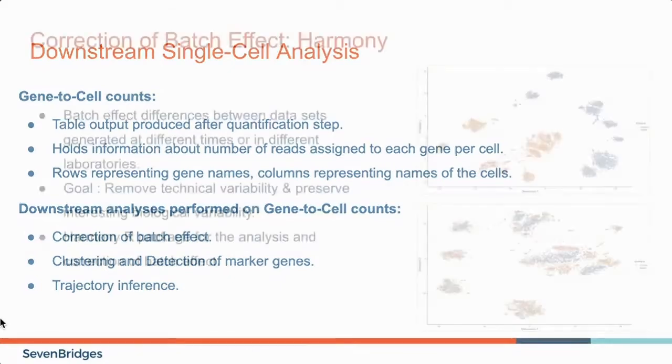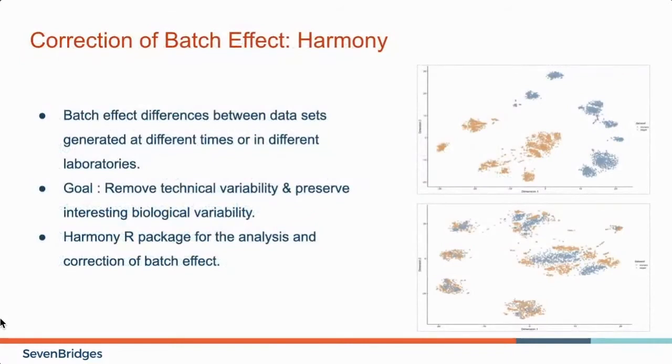Next slide, please. Okay, we'll start off with the correction of batch effect. So batch effect is usually present when merging single-cell data generated at different times or in different laboratories, which can introduce technical variability. So the purpose of batch correction analysis is to remove the technical variability and preserve biological variability in the dataset.